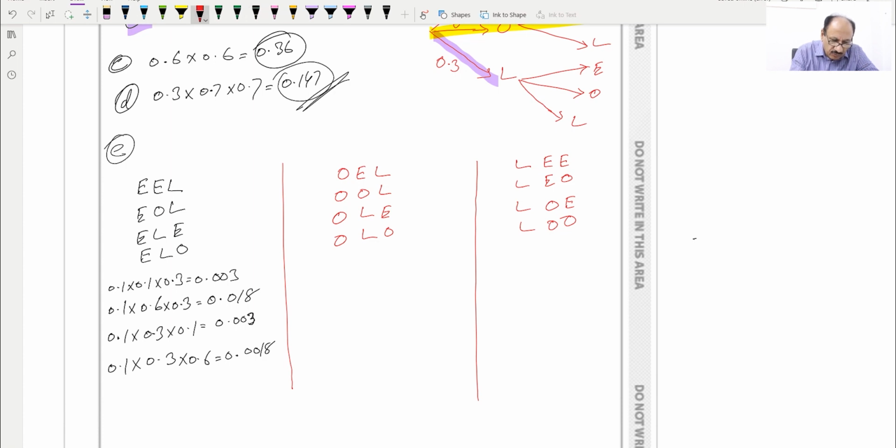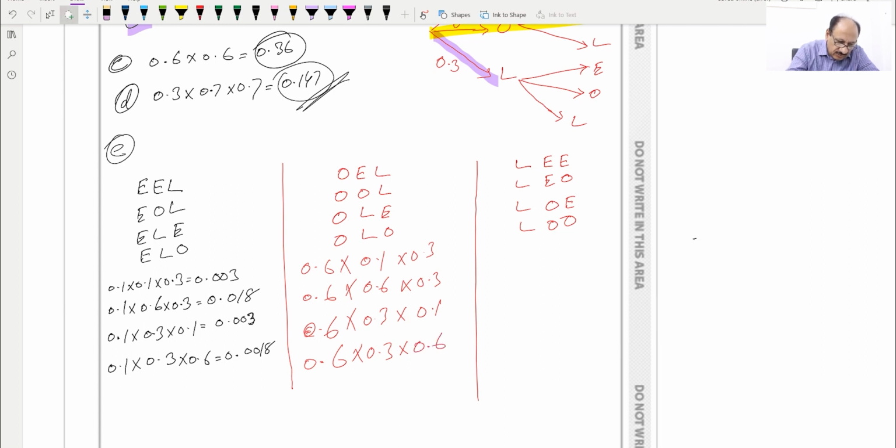Now we can calculate for on time, 0.6. So 0 on time for all four, I'm writing 0.6, and multiply by early will be 0.1, on time will be 0.6, late will be 0.3, then late 0.3, then early will be 0.1, and last will be on time will be 0.6.